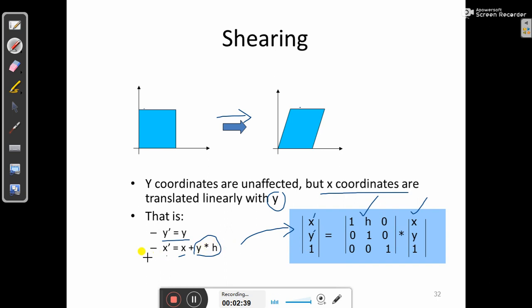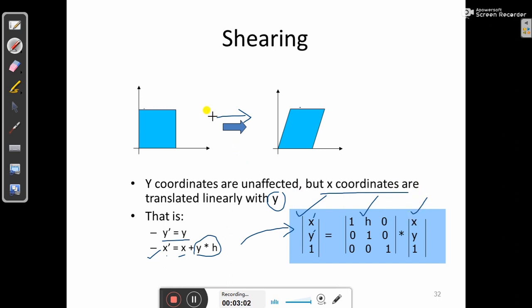And y dash equals 0 into x plus 1 into y plus 0 into 1. So this is the equation. That way we can get the resultant matrix after we apply the shearing matrix to the original coordinates.